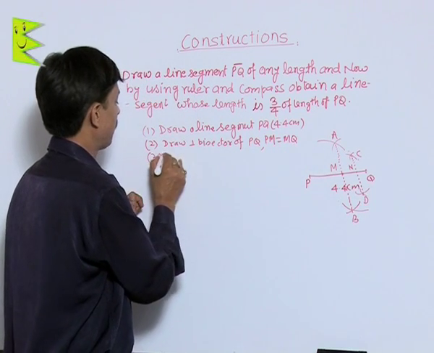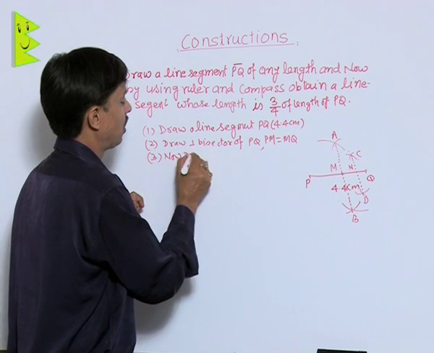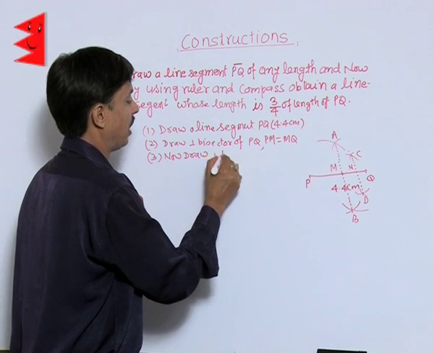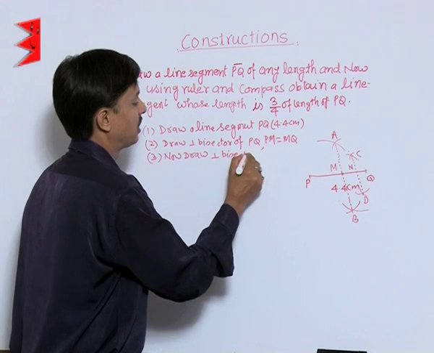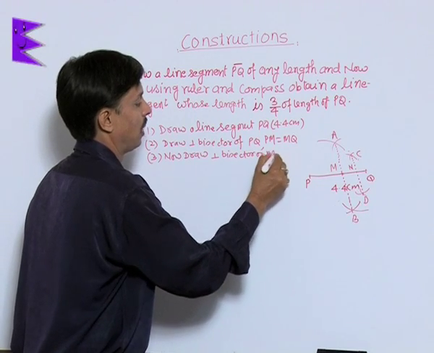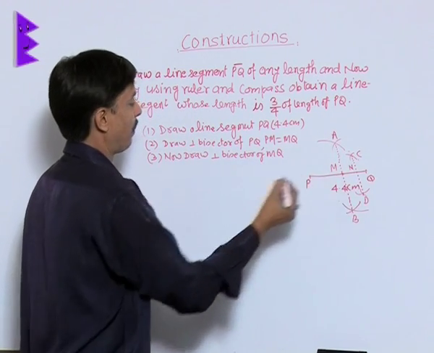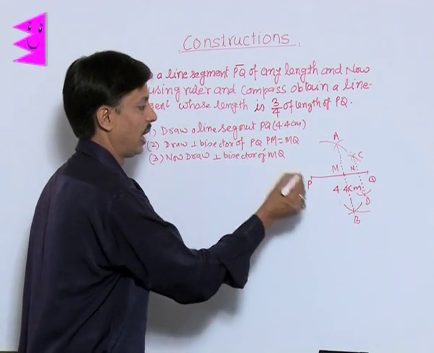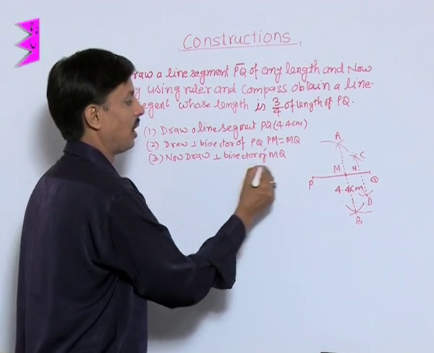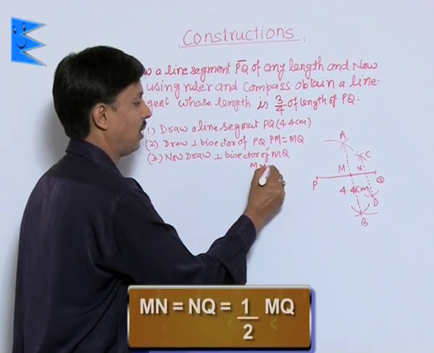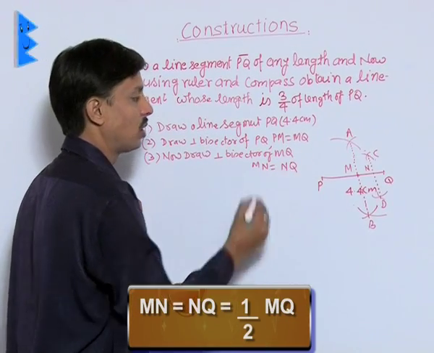Third step is this. Now draw the perpendicular bisector of MQ. So what conclusion will come? That is MN is equal to NQ.